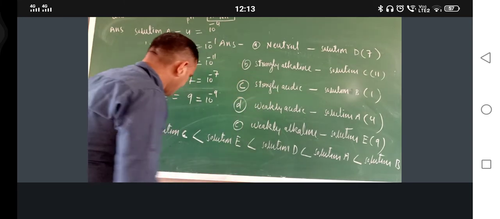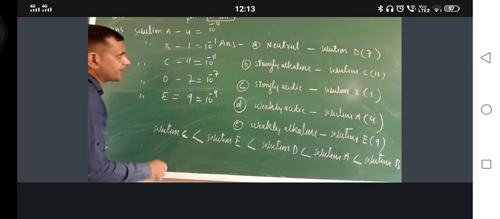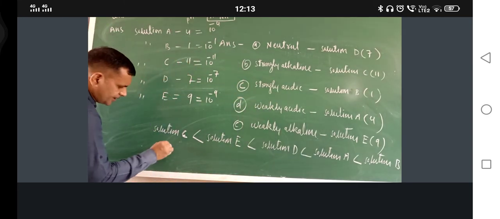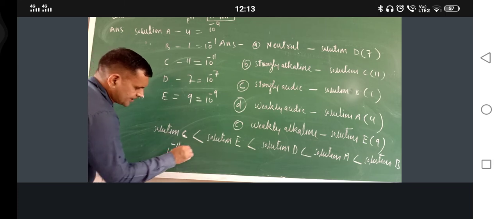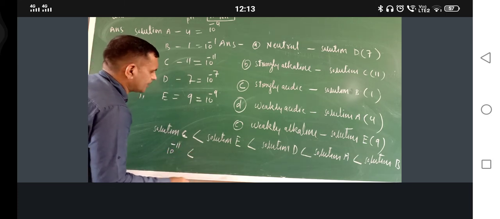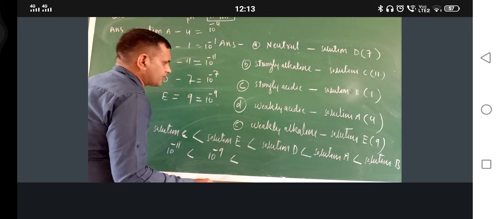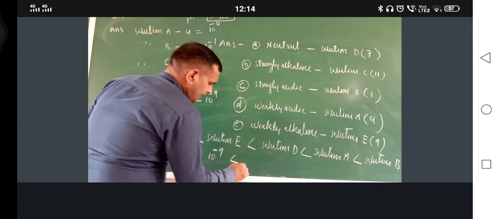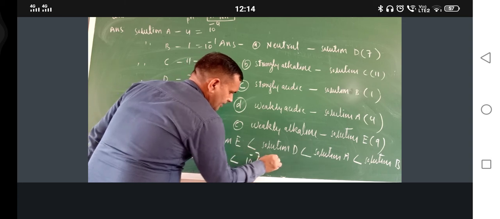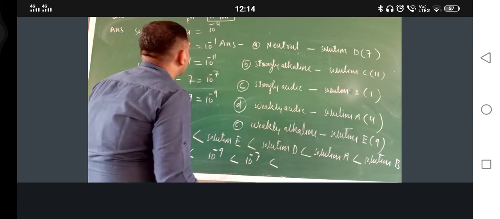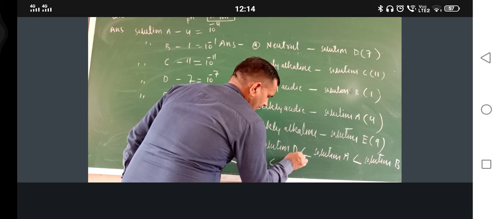Okay, write down here. Solution C, hydrogen ion concentration is 10 raised to the power minus 11. Then solution E is 10 raised to the power minus 9. Then solution D, 10 raised to the power minus 7. Then solution A, 10 raised to the power minus 4.